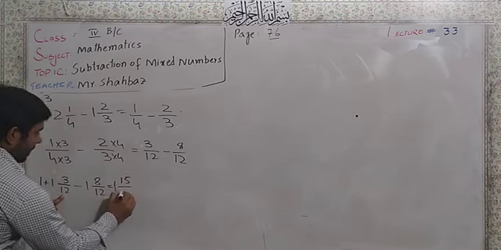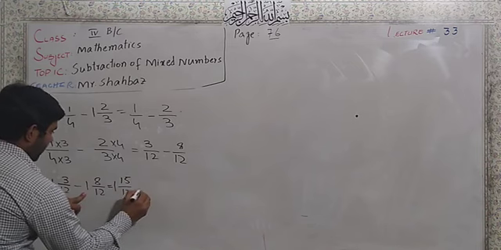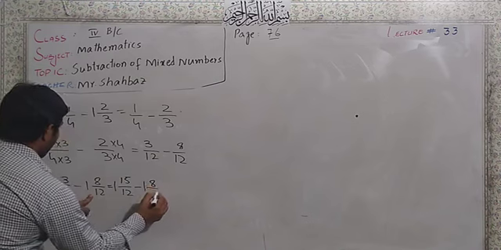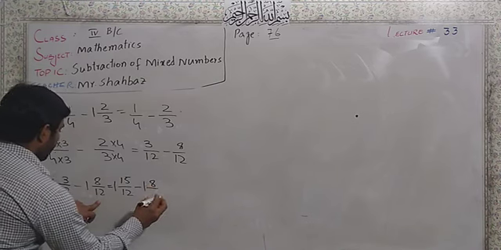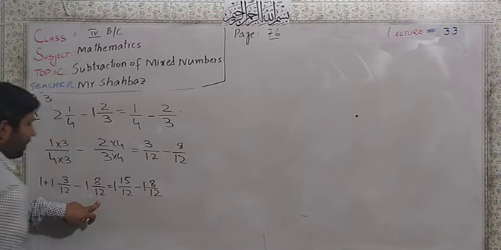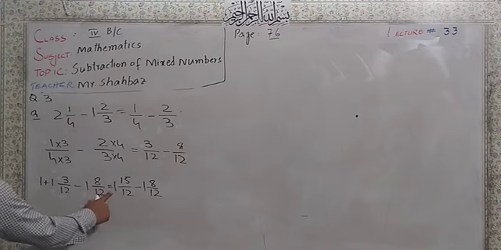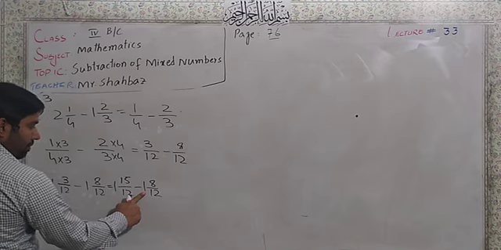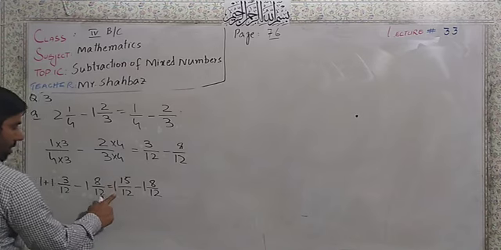15 over 12, and it will be as it is, minus 1 and 8 over 12. We will subtract whole number with whole number. 1 minus 1 will be 0, meaning 0 will be the whole number.